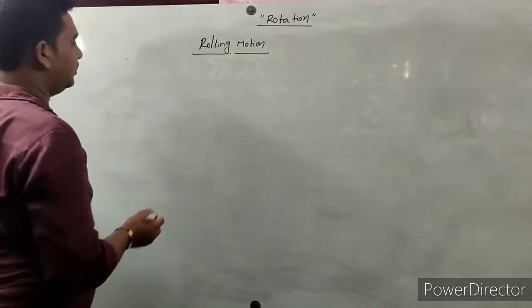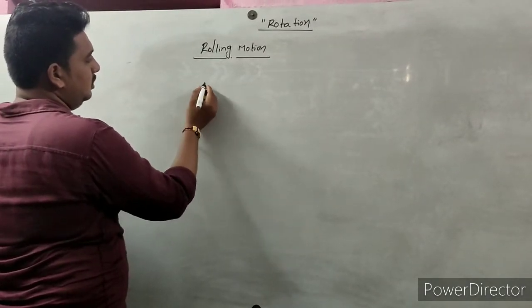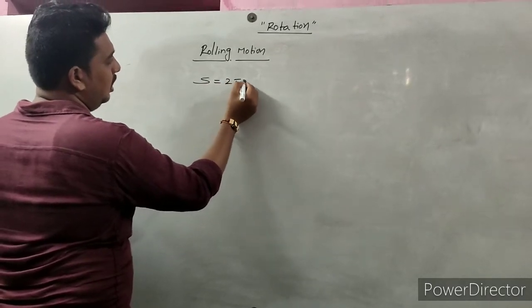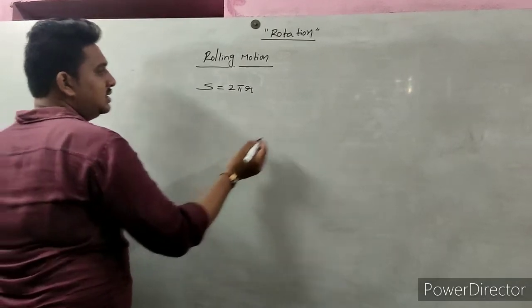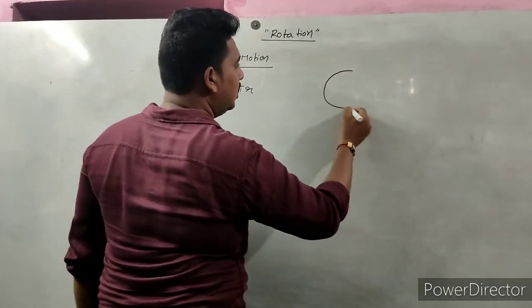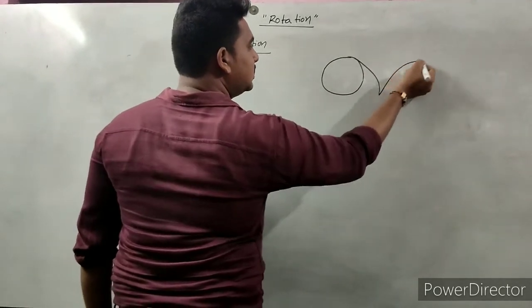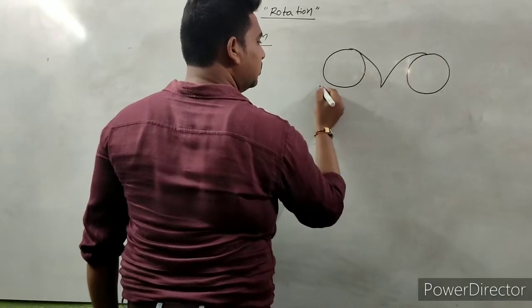First one, displacement is equal to 2 pi r. Consider a body that rolls like this, and here is the position of the body.